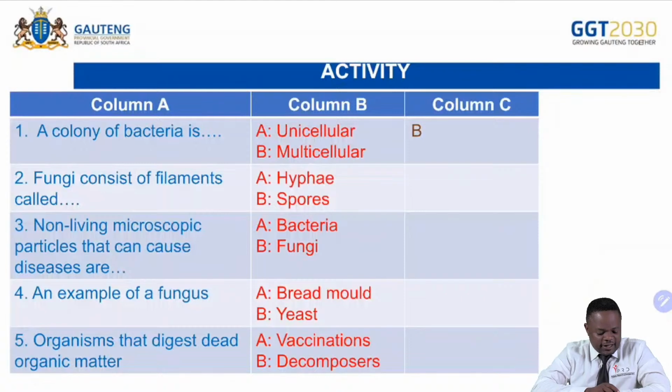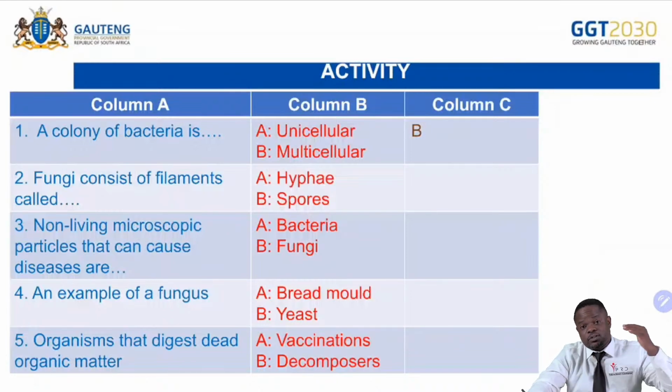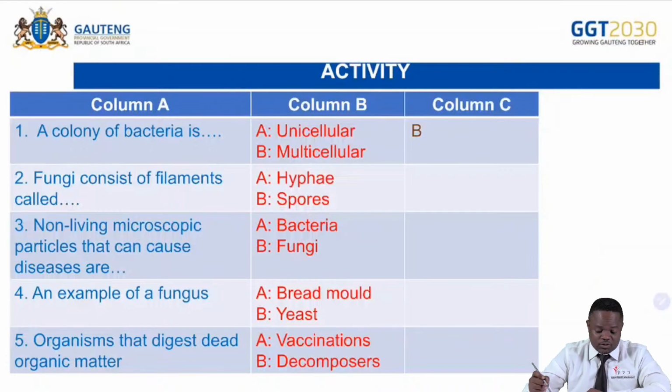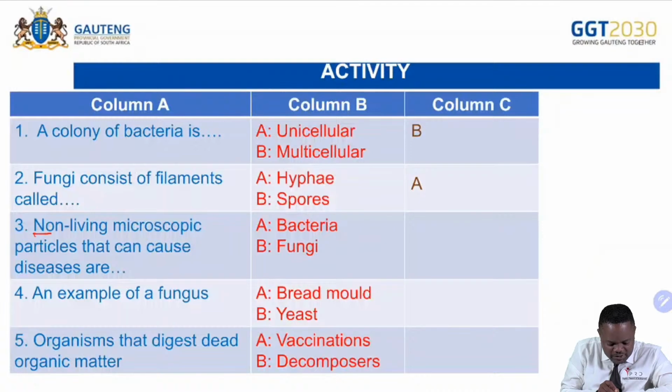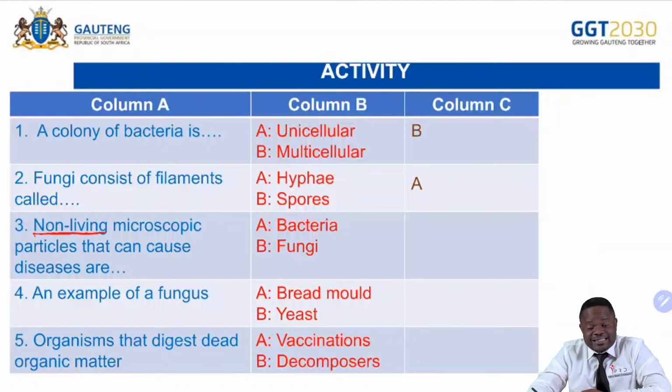Now we're saying our fungi consist of filaments called, remember this is the section that we touched on, fungi. We say that is called hyphae. I'm sure that you're able to also get that one. Then take note, we're saying the non-living microscopic particles that can cause disease. What are they called? It is none of these items.